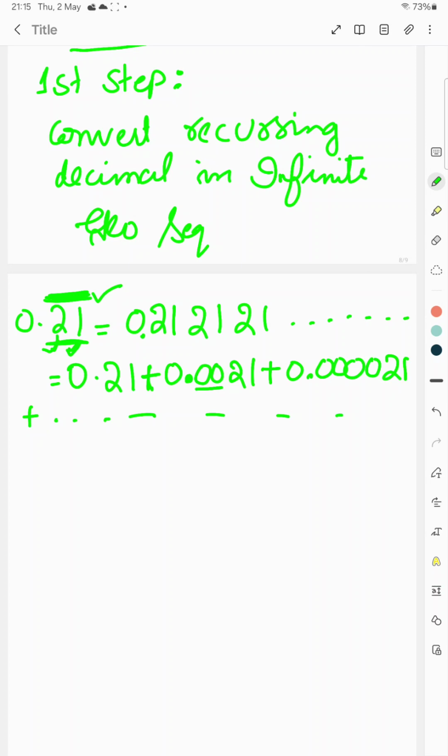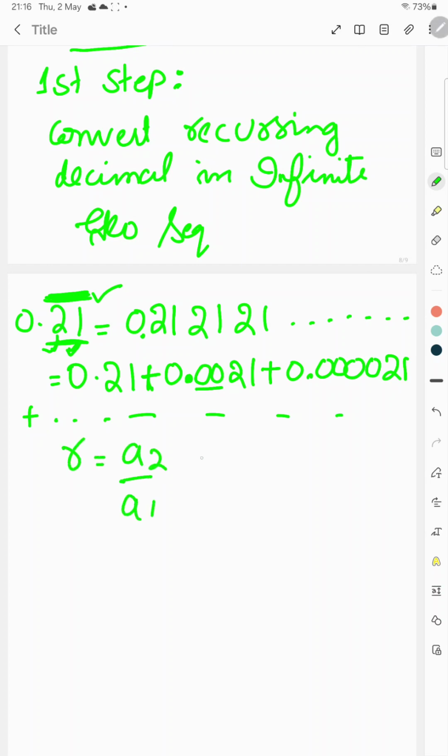So that is what you use to make a sequence. Now, as I have made the sequence, I will find the value of r, because I have to use the formula for the sum of an infinite geometric sequence. For that formula, my first step is always to find the value of r.